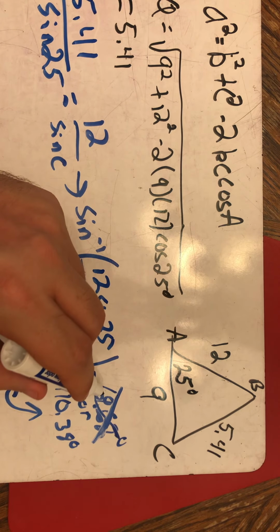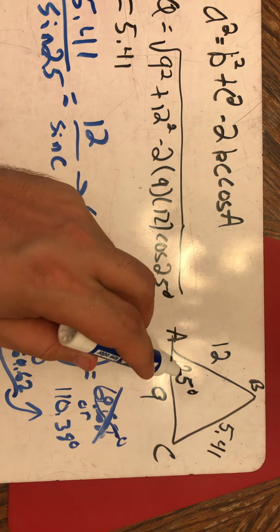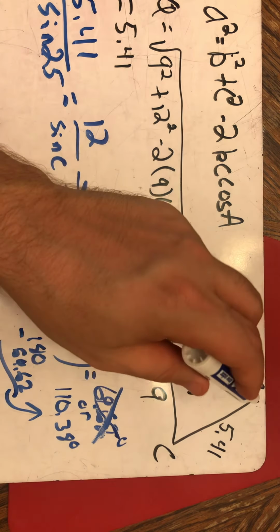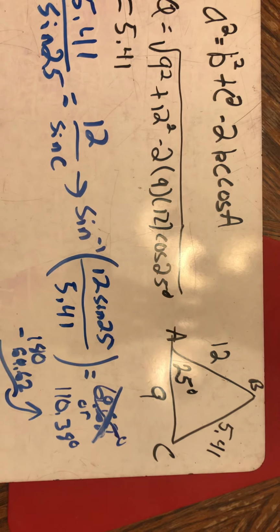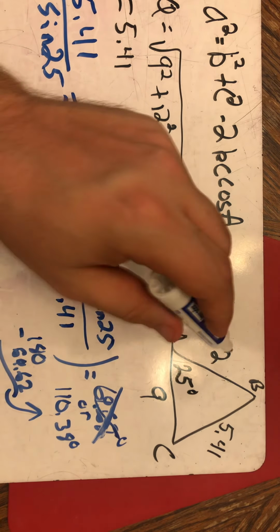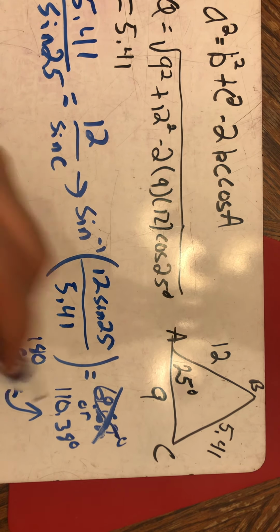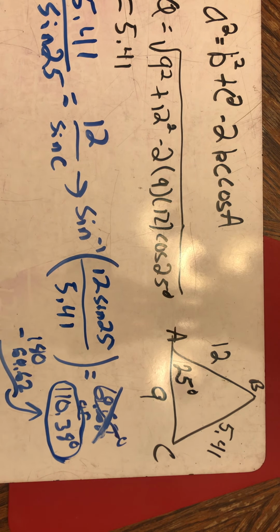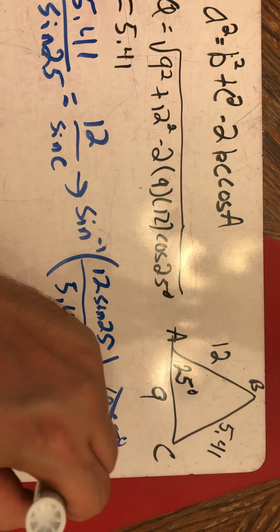Because if we did the other angle here, the 69 plus 25 is roughly 94, which would give us an angle of about 80 something for B. Well, that doesn't make sense because side B is shorter than side C. So that means we would have to use this angle right here for our C.